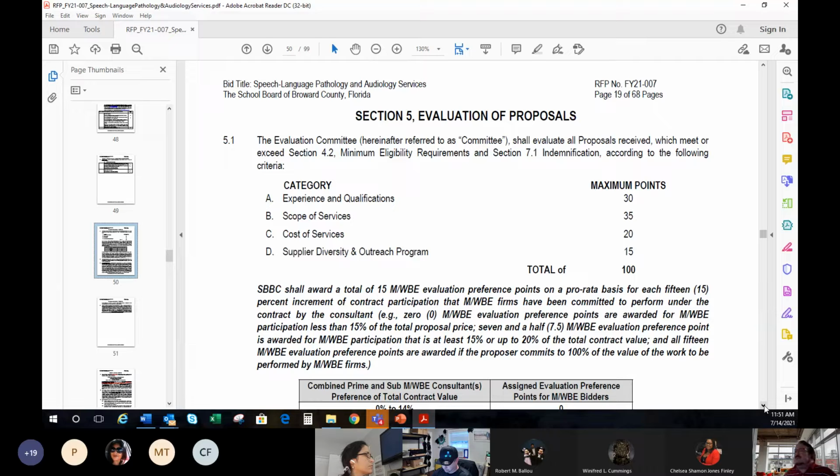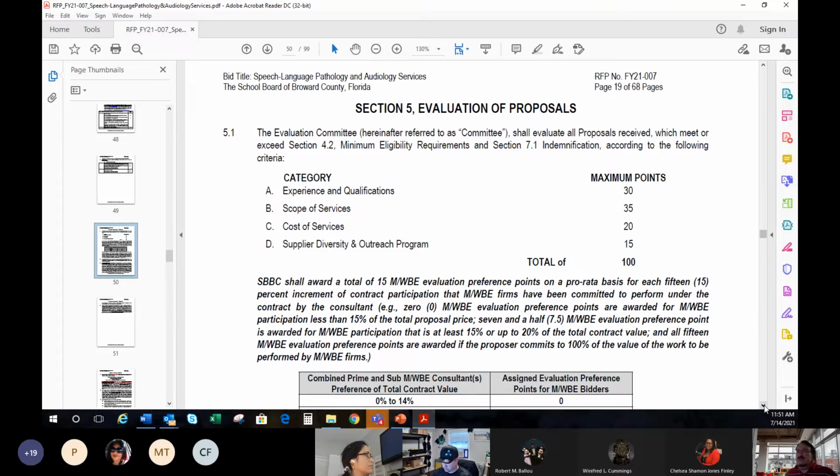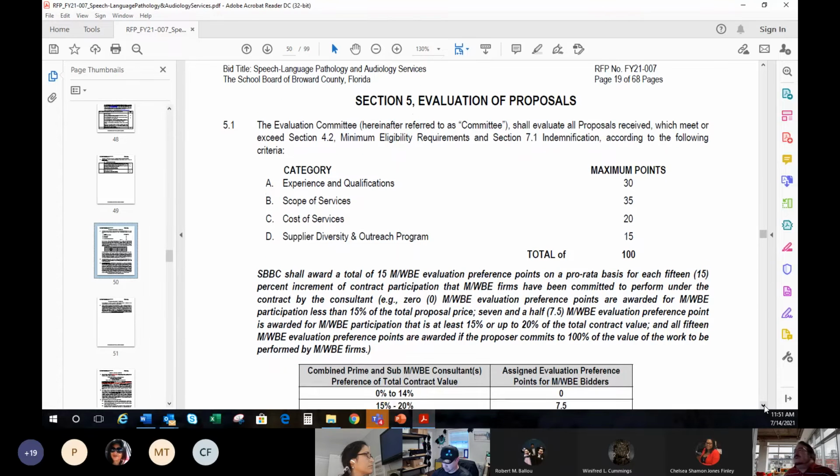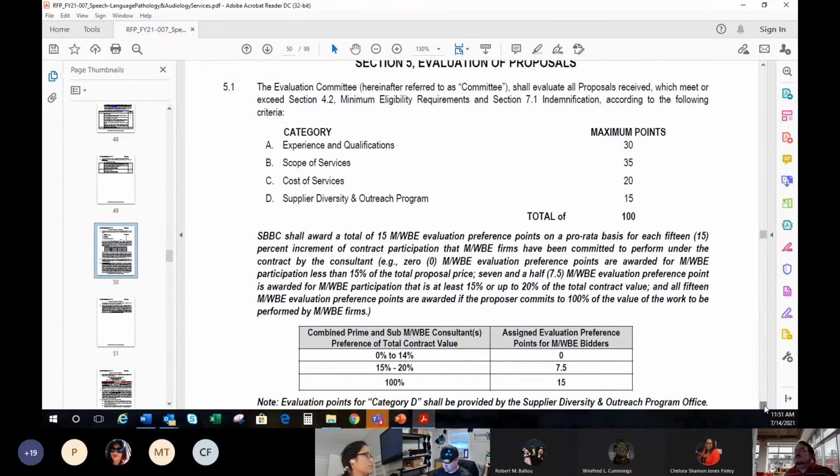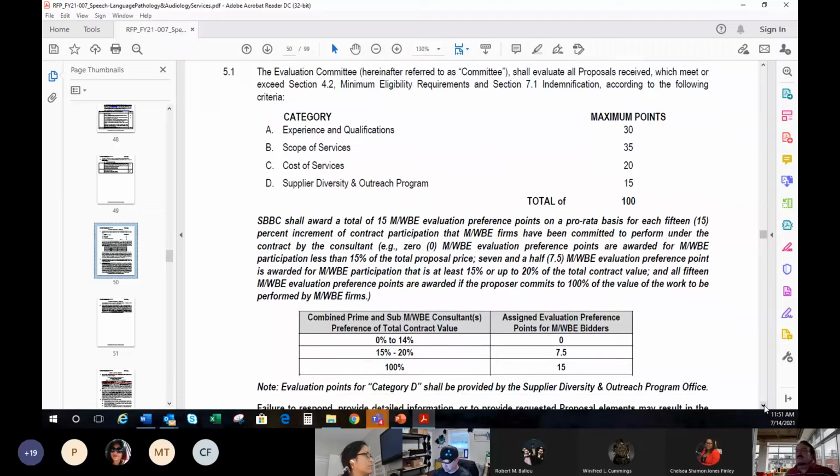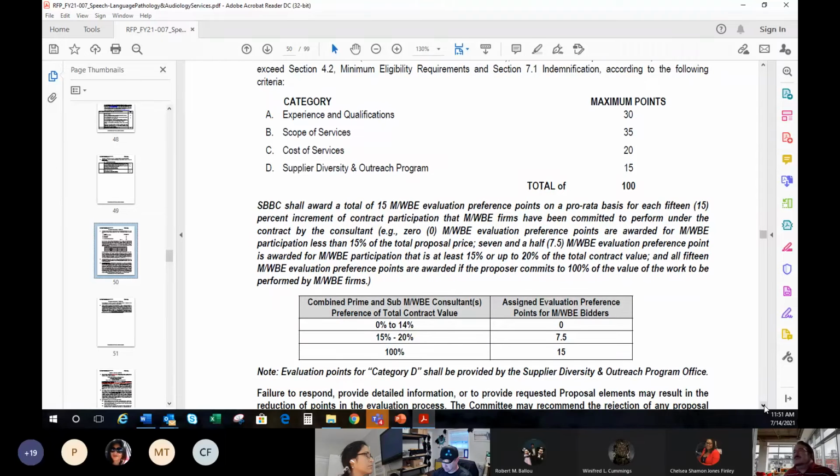The cost of services is normally from the procurement department. We do a spreadsheet, compare your costs to other costs, and come up with a point value, which I already went over in the cost section.